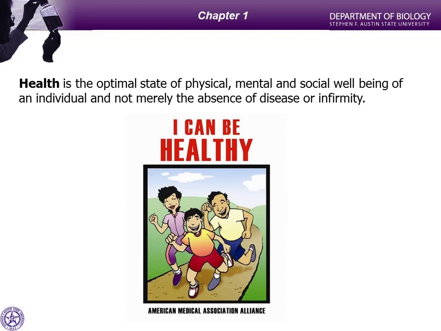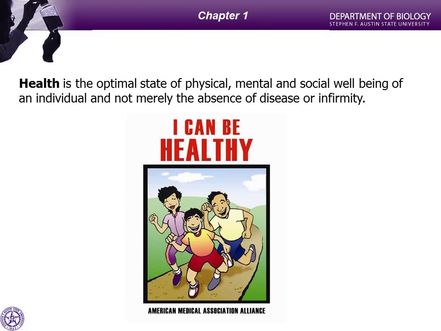It means the optimal state of physical, and that's primarily what we're focused on with our chemistry and with our A&Ps and pathophys. But it's also that mental state. That's where the comforting comes in. You encouraging that patient. You loving on that patient. So you need to encourage everyone you encounter to be healthy.